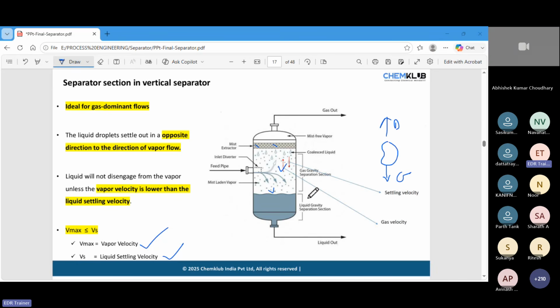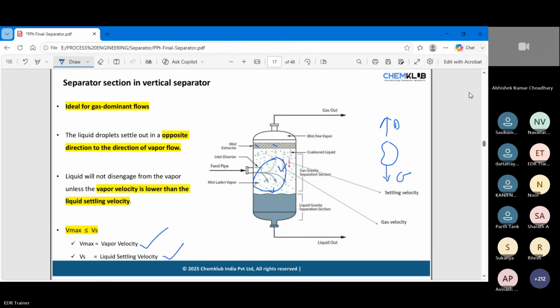Second is the gravity separation section. This is mainly the separation section. In this separation zone, the liquid settling velocity as well as the vapor velocity settle out. And this is the main diameter to calculate, based on the terminal settling velocity: Ut equals Ks times the square root of the density of the liquid minus the density of the gas, divided by the density of the gas.